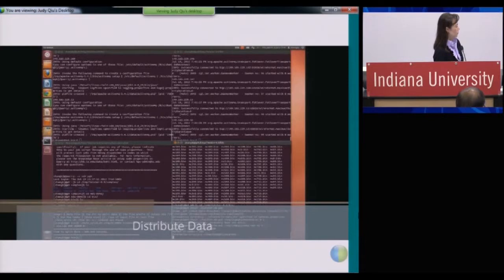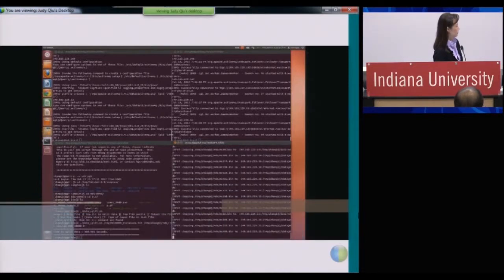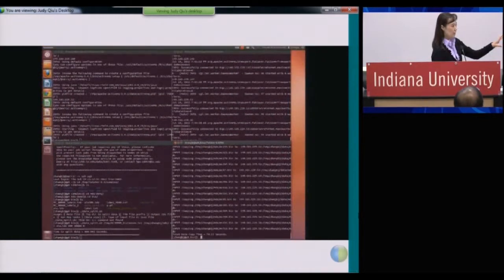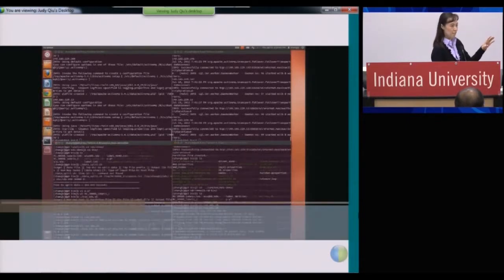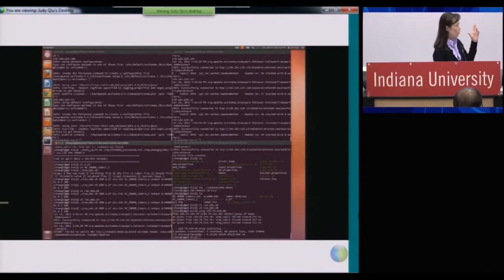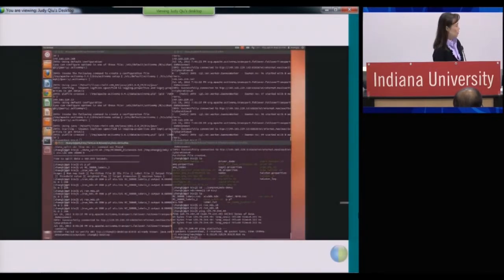After the distribution, all the data chunks go onto different nodes. The next step is to load the data into the local cache or memory. This requires that we generate the partition file, so that the map tasks know which data chunk to load. Now we can start the Twister processing.